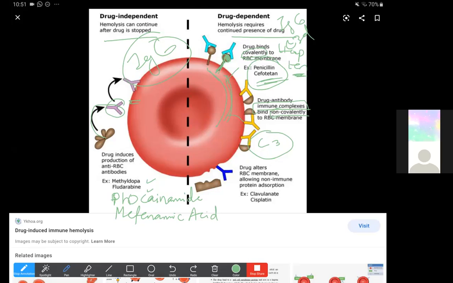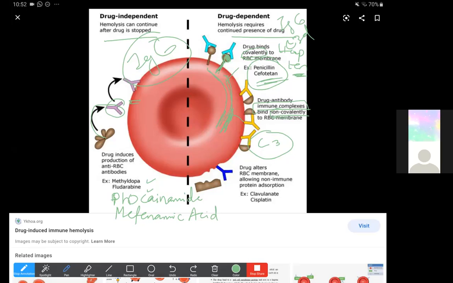In this immune complex mediated type also, we would need to incubate the RBC with the drug, because only then would the drug or its metabolite cause the formation of antibody complex in the serum that would then bind to the RBC membrane. So the eluate in this case would be non-reactive, because the eluate in itself would not cause any RBC agglutination since it is non-covalently bound.